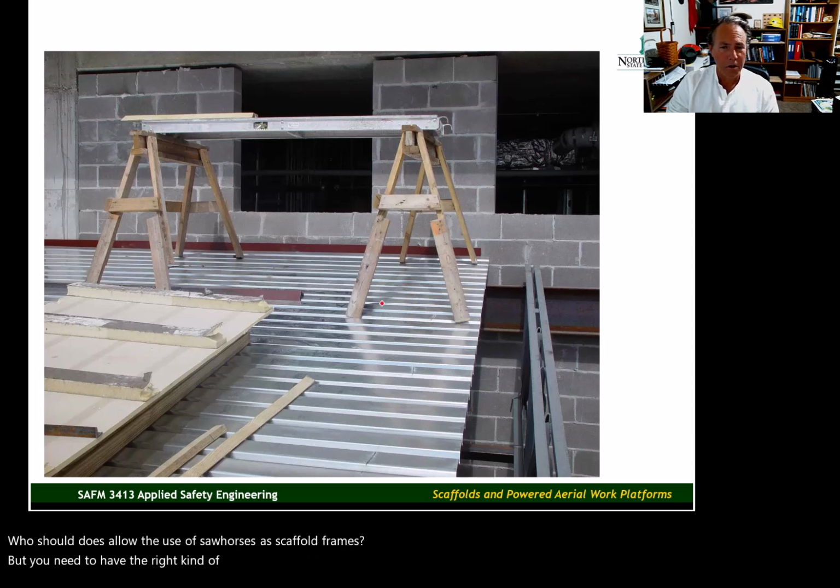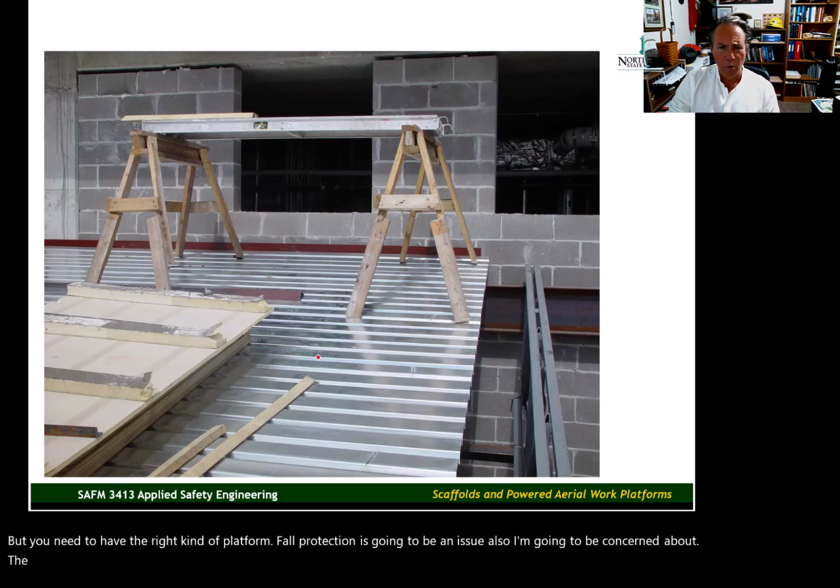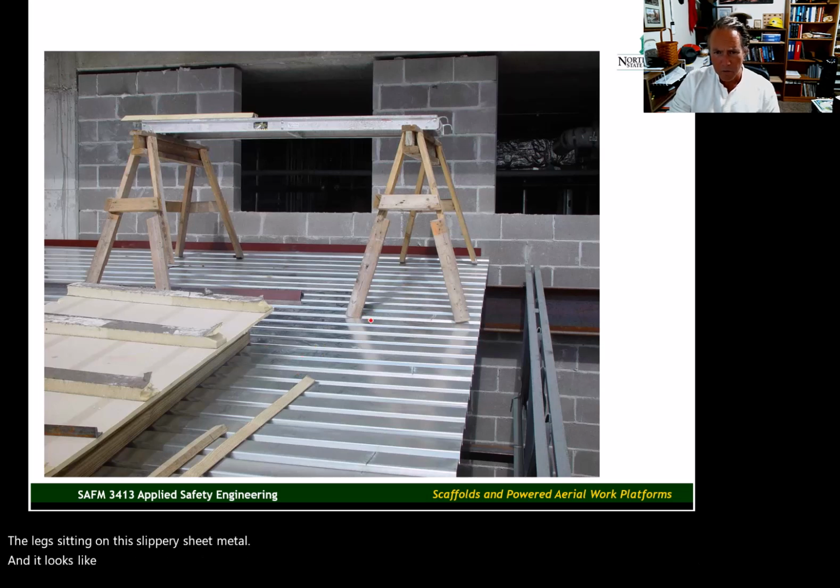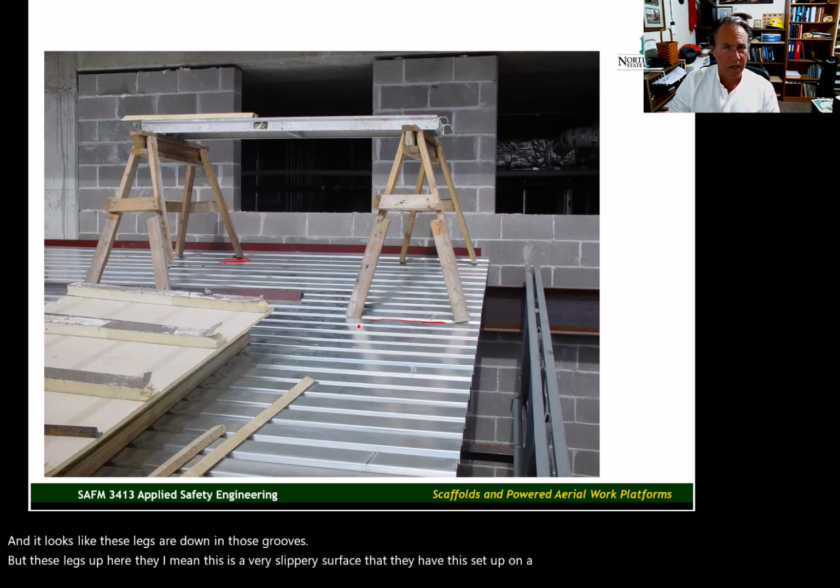Fall protection is going to be an issue. Also, I'm going to be concerned about the legs sitting on this slippery sheet metal. It looks like these legs are down in those grooves, but these legs up here, this is a very slippery surface that they have this set up on. I need to rethink this, come up with a better plan.